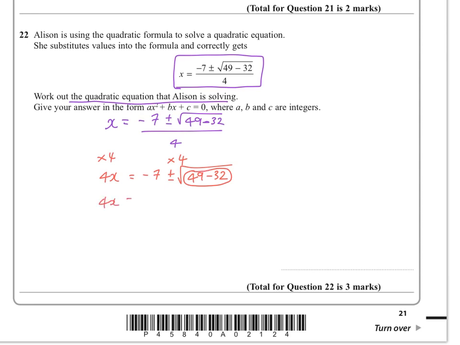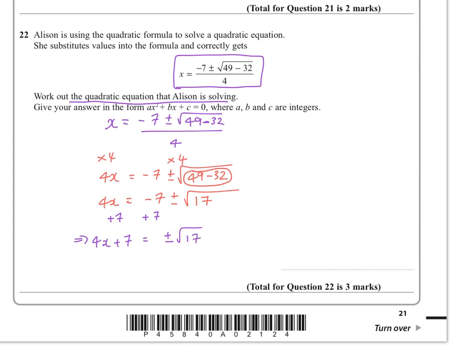So we'd have 4x equals -7 plus or minus the square root of 17. Then what we could do is add 7 to both sides, and that would give us 4x plus 7 equals plus or minus the square root of 17.